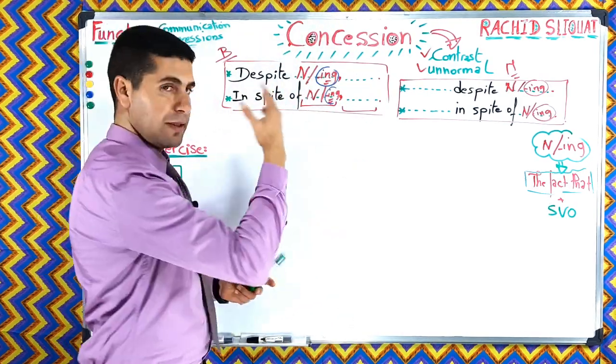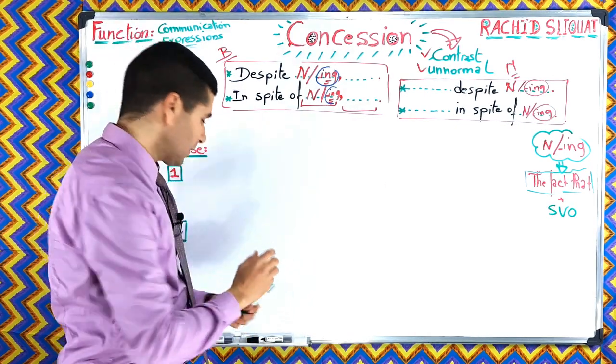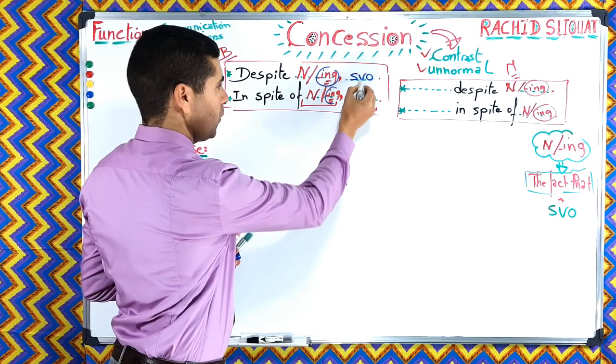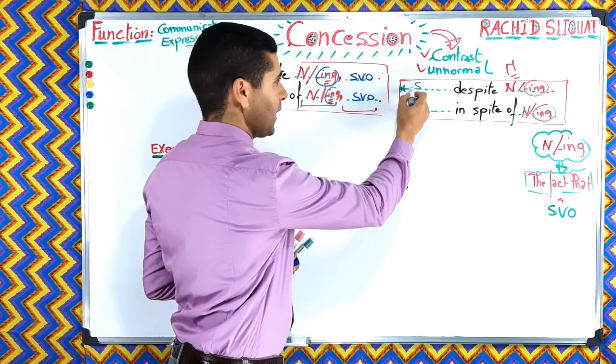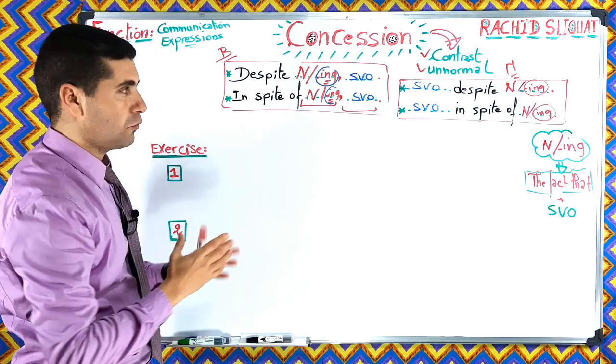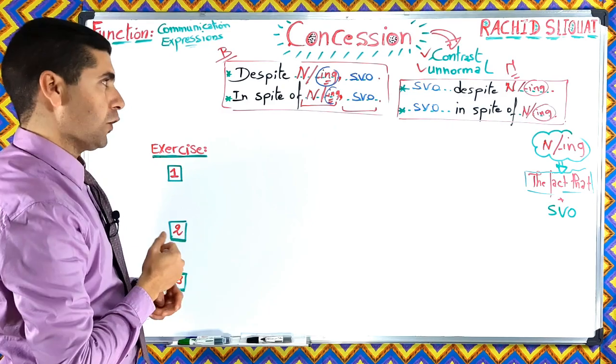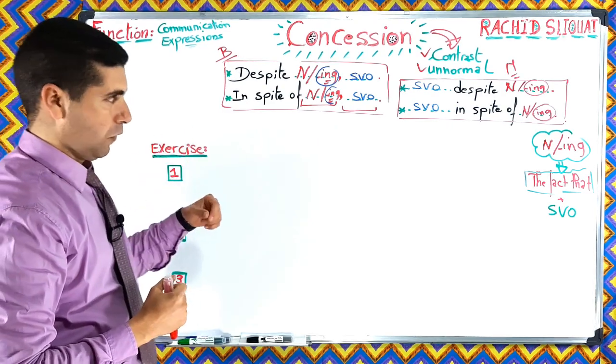Part number two, the other part, is very simply SVO, or you can say a sentence. These are the two patterns that we can use to express contrast: despite and in spite of.